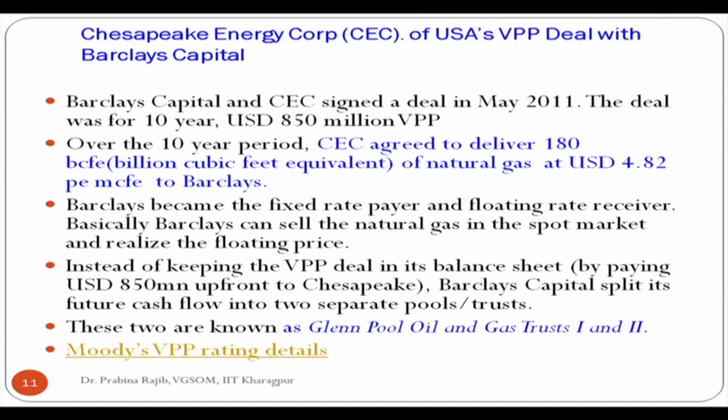So it paid 850 million upfront to CEC, and simultaneously it did not wait for 10 years to receive the benefit from the crude oil and natural gas it is going to receive from CEC. So what Barclays Capital did was split its future cash flow.